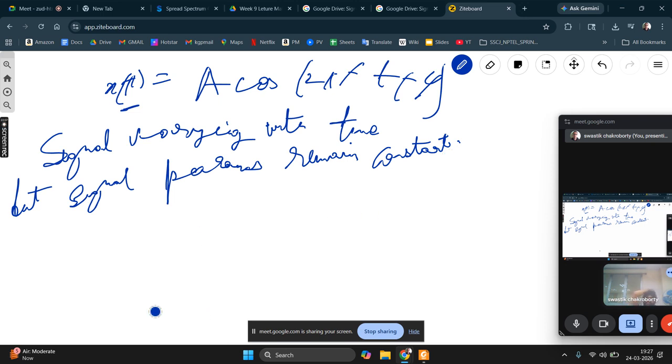Now, after fading, because of multipath dispersion, your amplitude is changing, fluctuating at every instant of time.